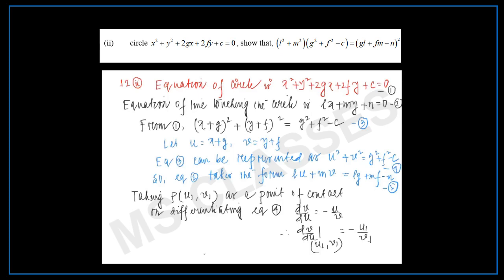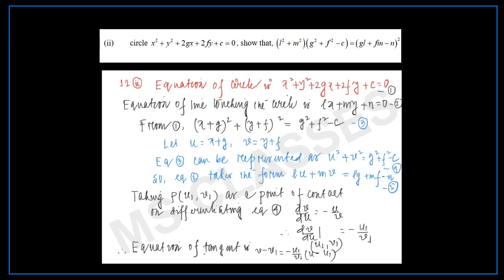Therefore, the equation of tangent is v minus v1 equal to minus u1 by v1 into u minus u1.